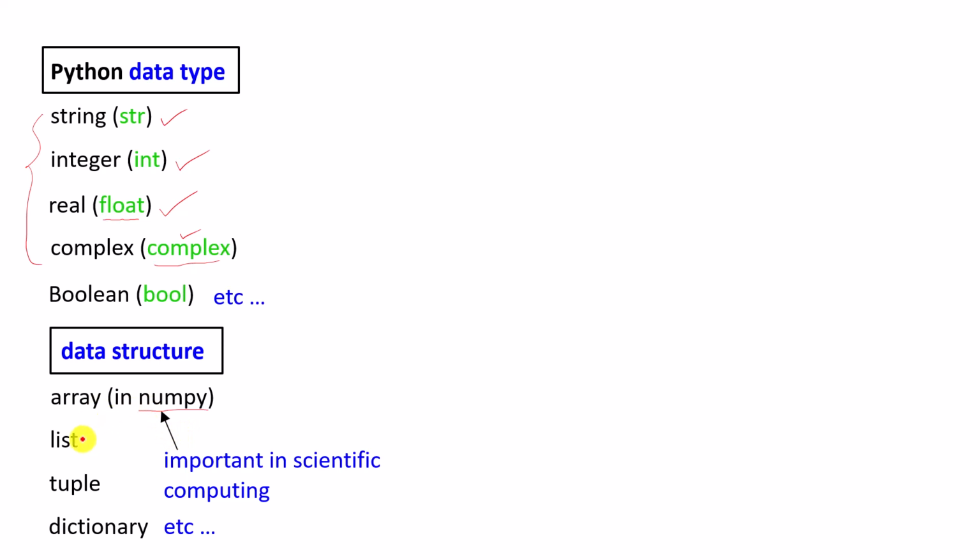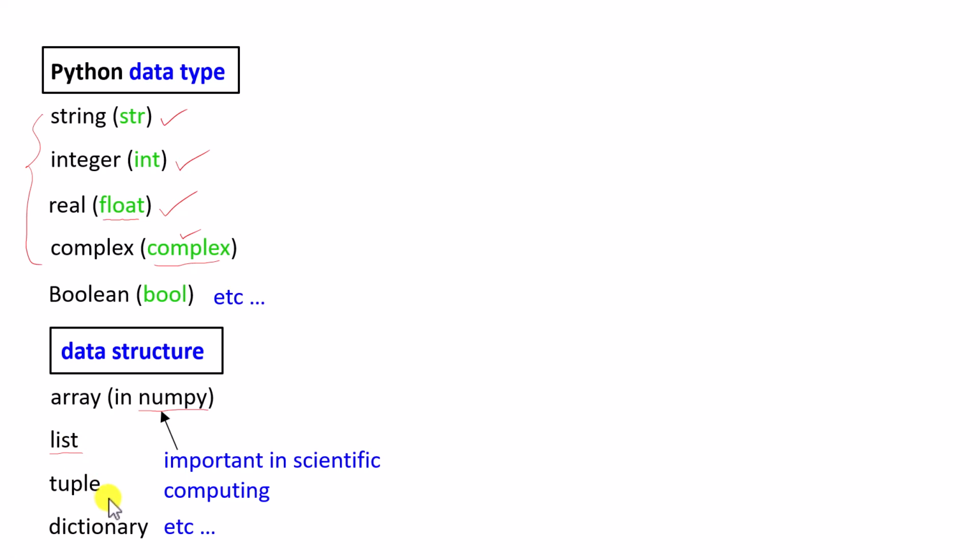To generate an array, of course, we need a Python native data structure, that is the list, which will be a list of several data items, and we'll see how it works. Somewhat similar to lists are tuples, which are again a list of several data items, but there are fundamental differences between list and tuple and dictionary, and they are useful in their own way.